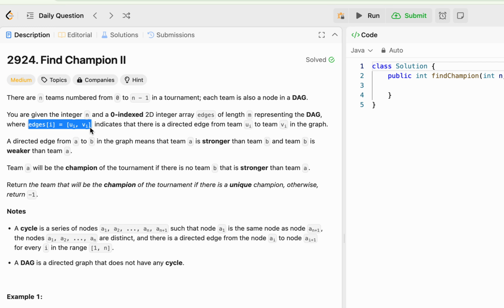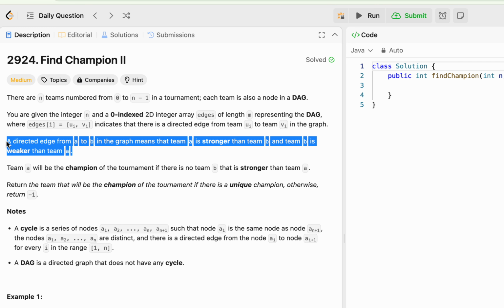So ui represents the starting vertex and vi represents the ending vertex. This indicates that there is a directed edge from team ui to vi in the graph, but the directed edge has a meaning to it. What is the meaning that we are associating with the directed edge, and how are we modeling this using the graph?